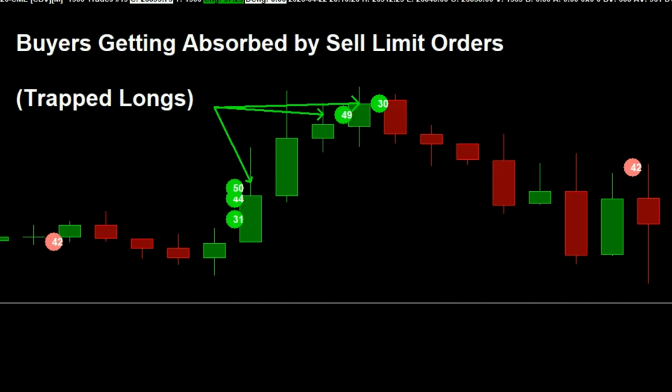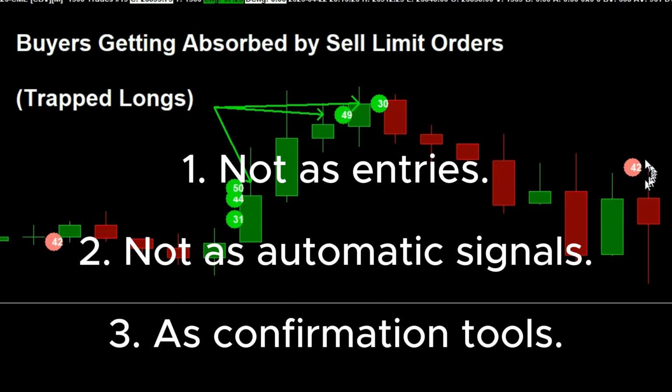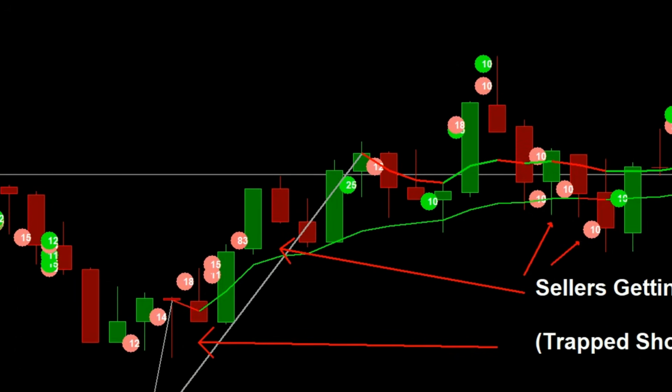Here are the three best uses. There are three useful ways to think about this indicator, not as entries, not as automatic signals, but as confirmation tools. First, rejection. If price tests value low, prior session low, or another important level, and large sellers appear, many traders assume more downside.